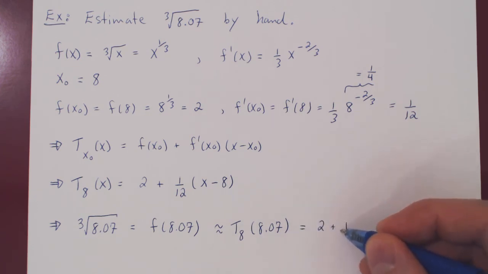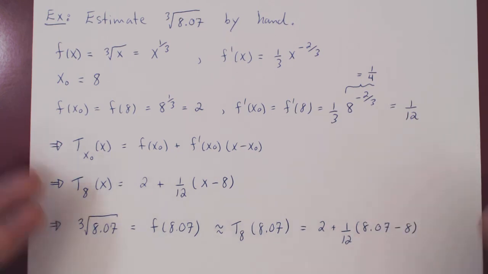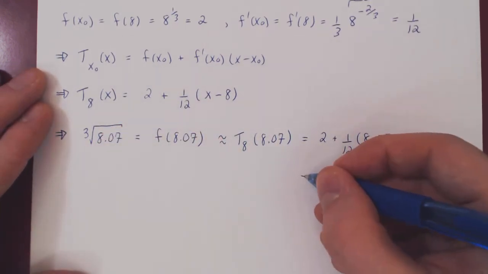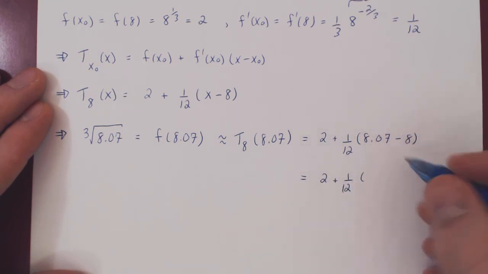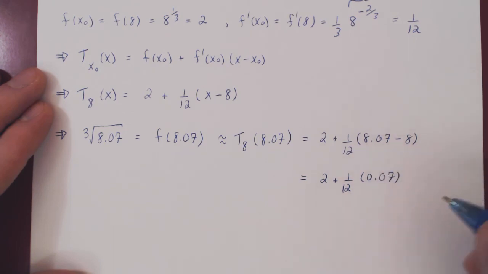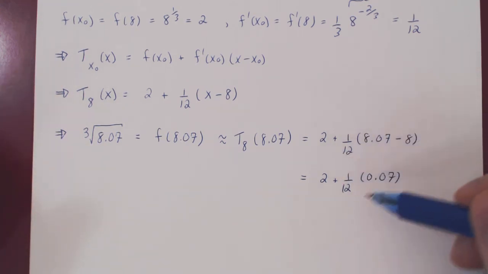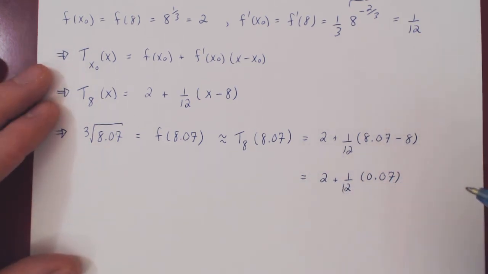So 2 plus 1 over 12 times 8.07 minus 8, which is 2 plus 1 over 12 times 0.07. And now here, we can be clever about this. Every time we have a linear approximation, we would like to give a final answer in decimal form.